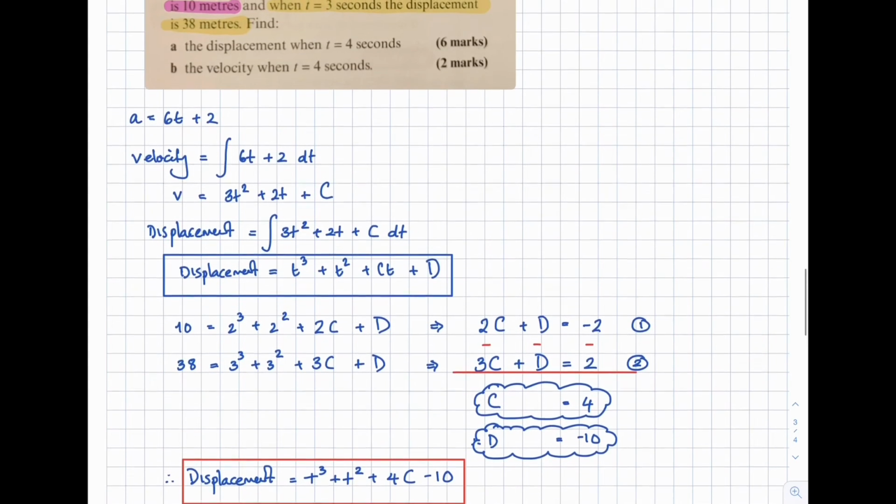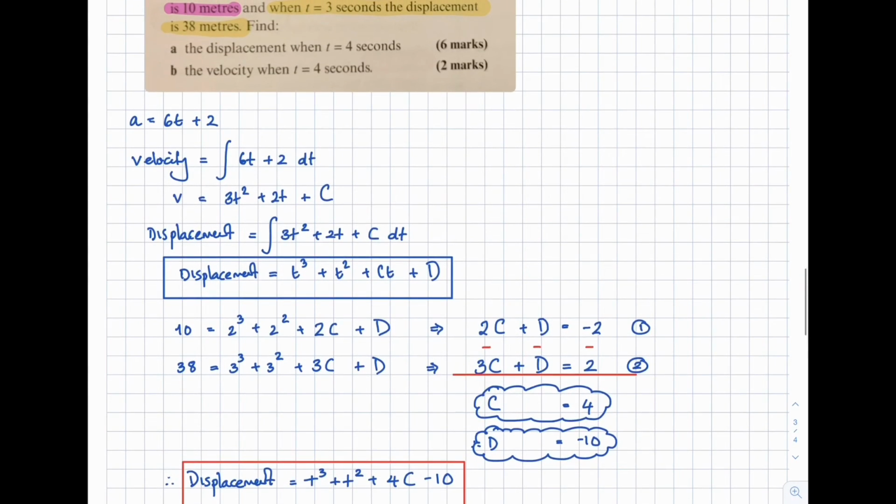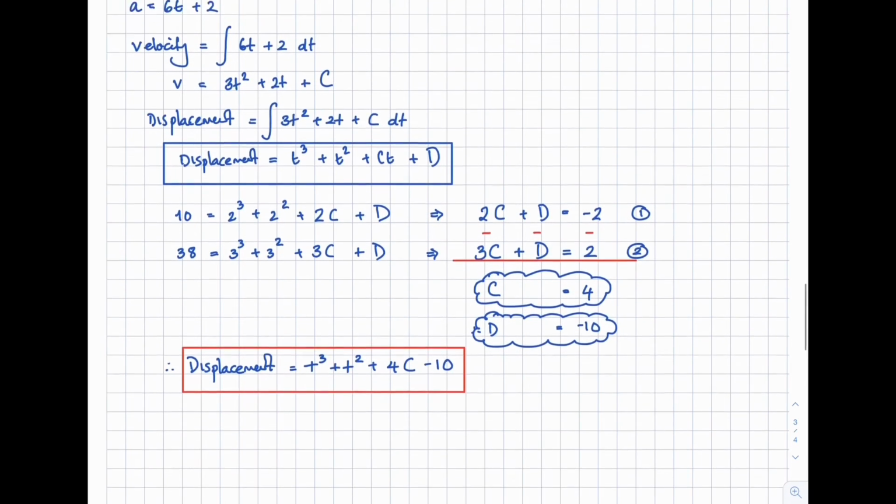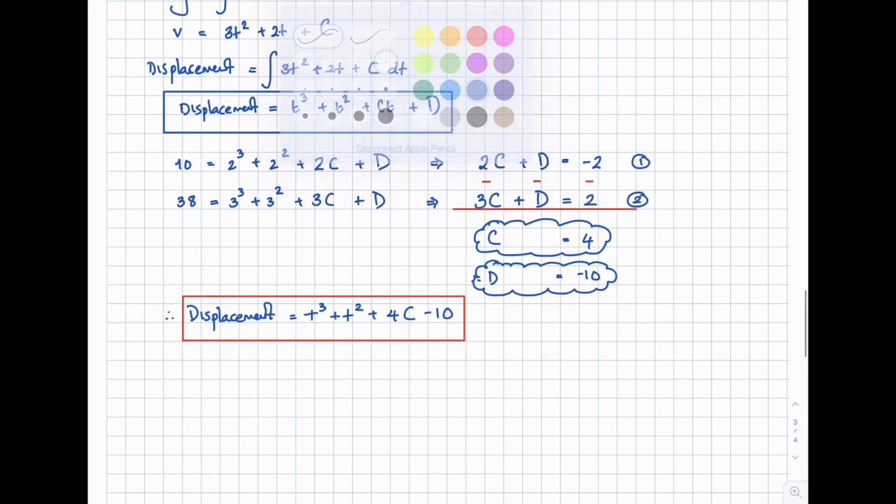So let's go back to the question. It says find the displacement when t is 4. Well, we're ready to do that now because we know what displacement is in terms of t.